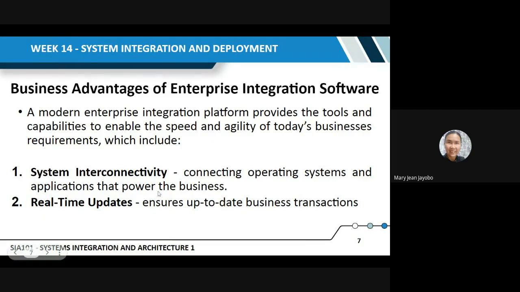So again, companies must be aware of how they want to integrate systems, applications, and data, and what kinds of partner compliance and customer service level agreements. So pinag-aralan natin 'yan, 'di ba? Last few weeks, yung mga paano tayo gagawa ng ating contract, 'di ba? Service level agreement. So, what are the things that they must meet?